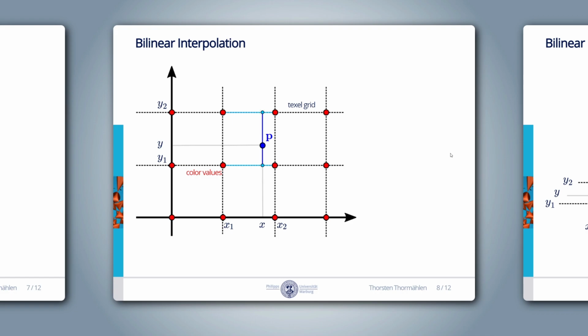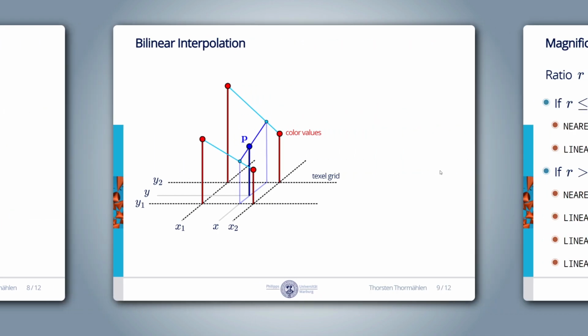The same thing is now illustrated in 3D. The texel grid is the ground plane and the color values are represented as these red bars that point upwards. The length of the red bars corresponds to the stored color values. Now we first compute the value at location Q1 by linear interpolation. And here's the equation to perform this operation.